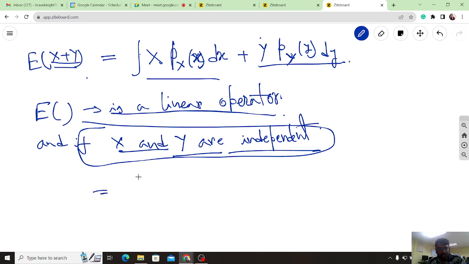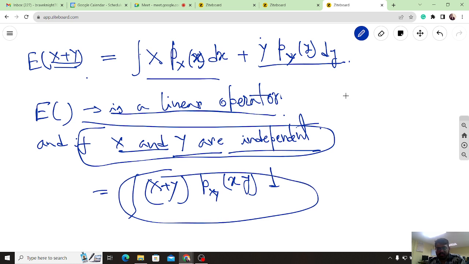Like, you can write it as x plus y p of x,y of the x,y variables. If I say x plus y is a new random variable z, I say that y has no dependency on the vector x in that term.